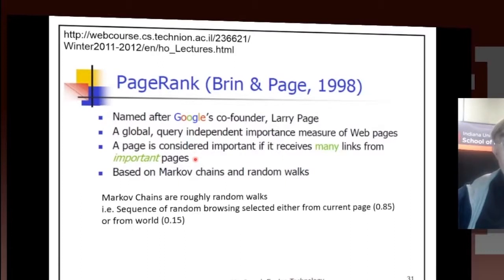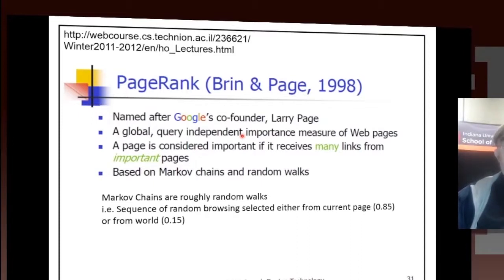It is effectively a measure of the importance of a web page. The idea is a page is important if it receives many links, and a link is more important if the page it comes from is important. It is actually relatively simple, like many elegant, clever ideas. It's not difficult to calculate, and it is, as it says here, based on a random walk or Markov chain idea. For the purpose of these lectures, Markov chains are roughly random walks.